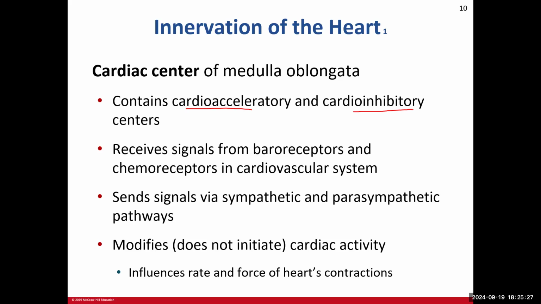So we're going to talk about the types of receptors that we're going to see in the heart. And so you have two types, chemoreceptors. And if you recall, chemoreceptors are going to monitor, right, the composition of a solution. So in this case, the composition of the solution will be that of the blood. And then what are we going to see that we're looking for in the blood? Name me what levels of what are we going to monitor in our blood?